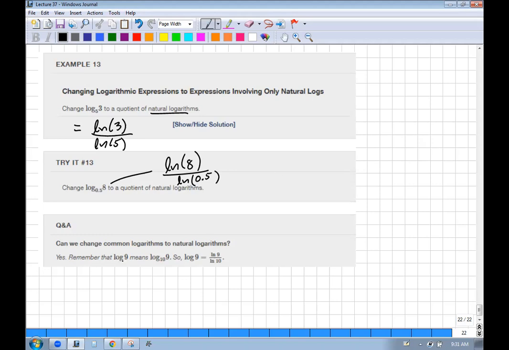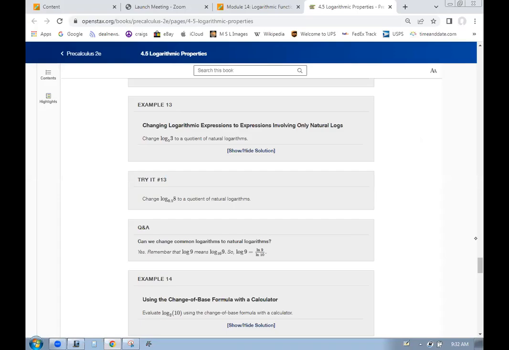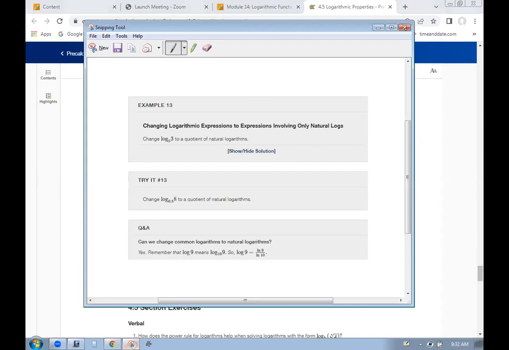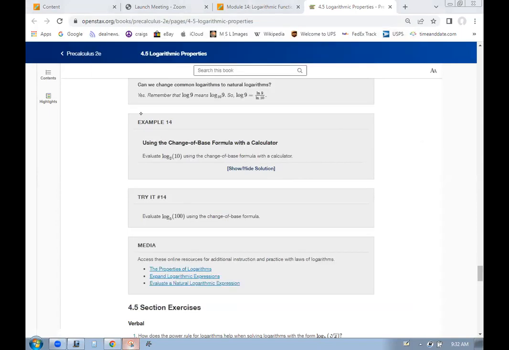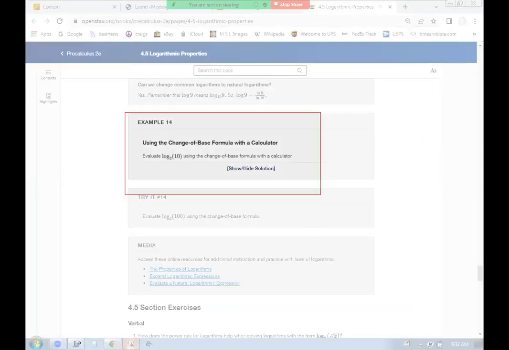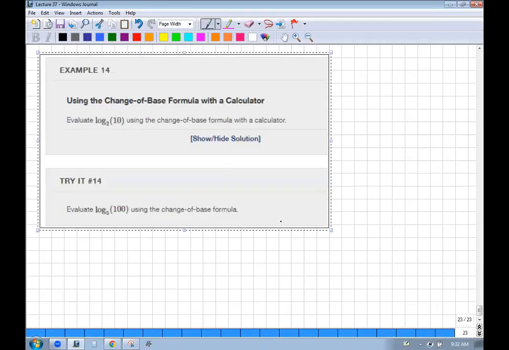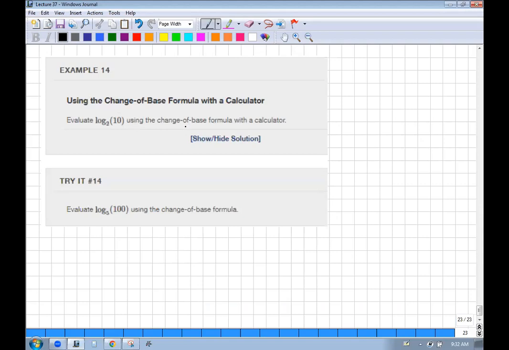Okay, so this is log base 10. If I want to switch to natural log, well, I just switch the top to natural log. Then I have to do natural log of the old base. Okay, so we want to type this into a calculator.